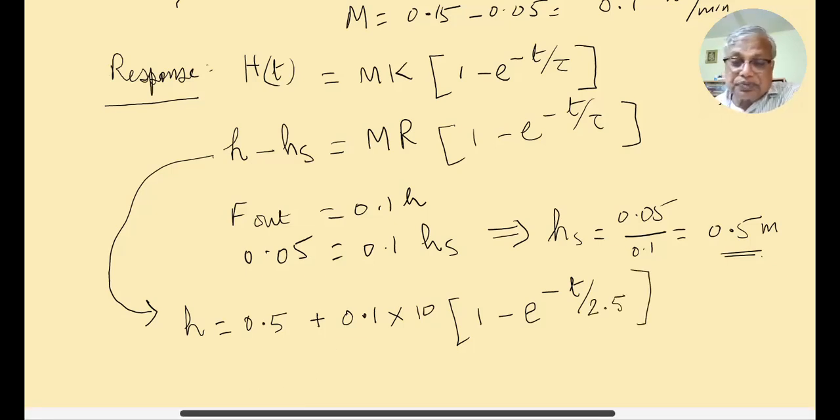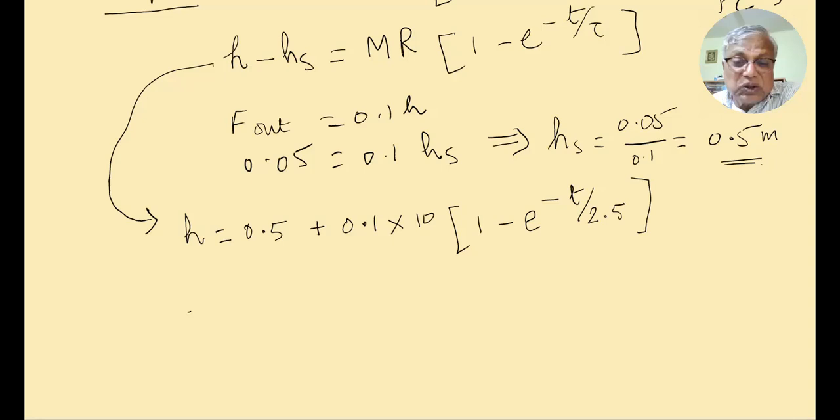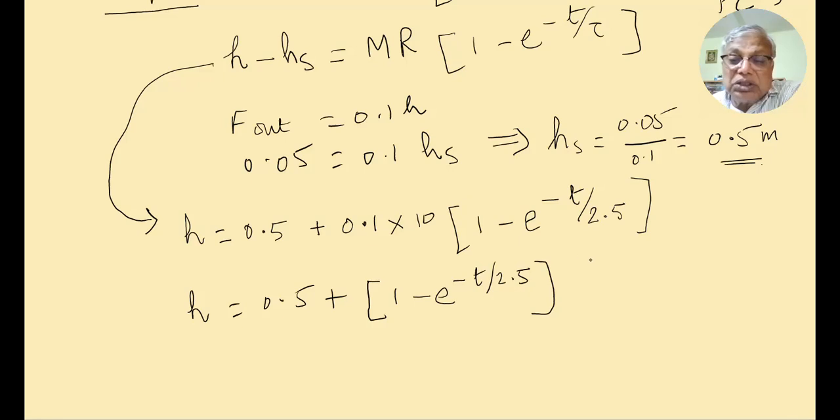So H equals 0.5 plus 1 minus e power minus t by 2.5. Now the question is, when will the tank overflow? This is the response equation, the dynamic response of the tank.